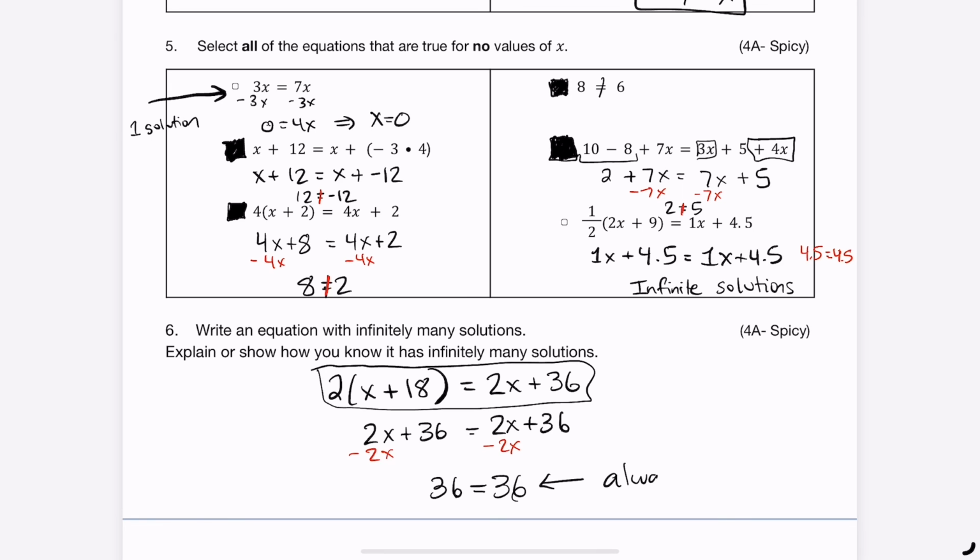Which is always true. These are equivalent expressions. Okay, you could make it more simple than that. Like you could also write x plus 5 equals 5 plus x. That's always going to be true. All infinitely many solutions. There are lots of different ways to do it.